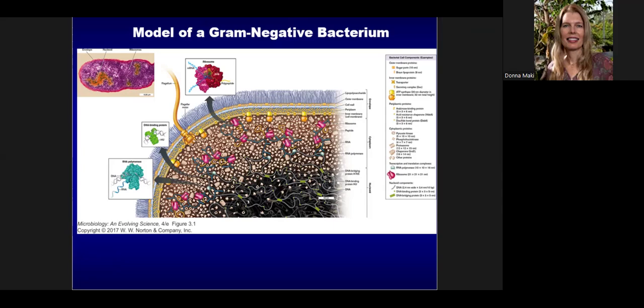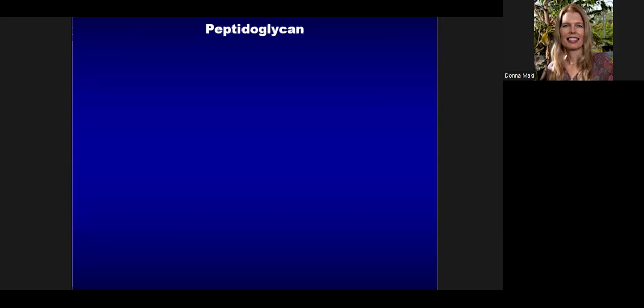So here they have the ATP synthase, so they're trying to show there's lots of ATP synthases, so you can make ATP. And then you have other proteins embedded in there too. So it's really a workhorse area for the bacteria.